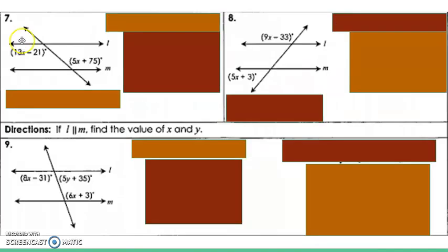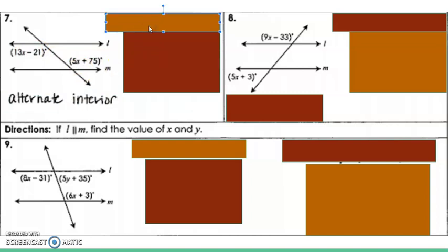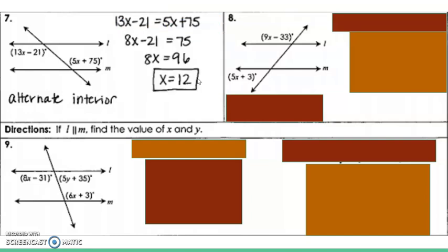A couple more examples. So for example 7, we have our alternate interior angles. When I have alternate interior angles, those are congruent. So we're going to set them equal to each other. And when we do that, we solve all the way down to x equals 12.